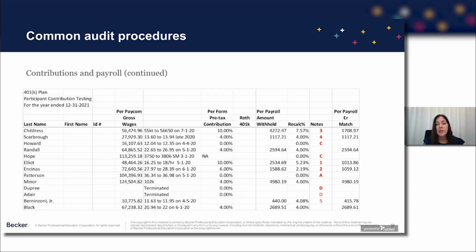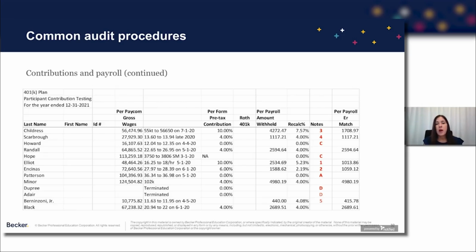But when you recalculated it, it only came out to 7.57%. Now you're going to have to reconcile that difference between the 7.57 and the 10. And this is also what I was referring to earlier, as in we can't just look at that and say, oh, that's immaterial and move on. No, we have to investigate why that is not 10%.